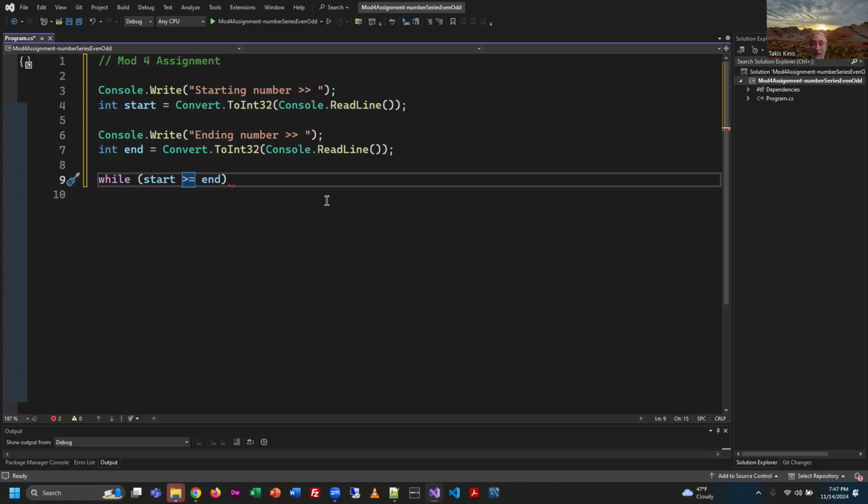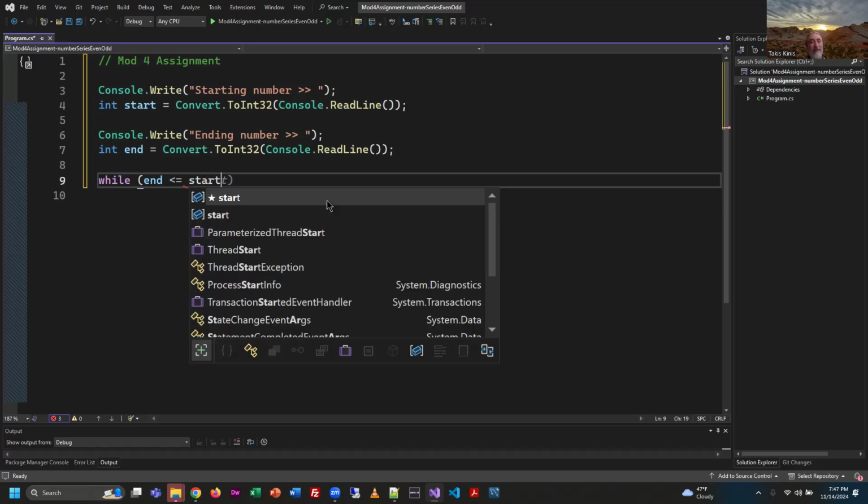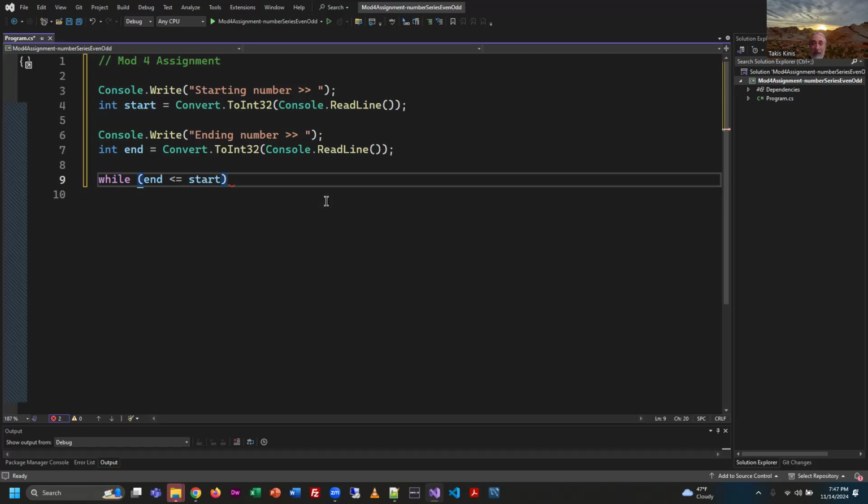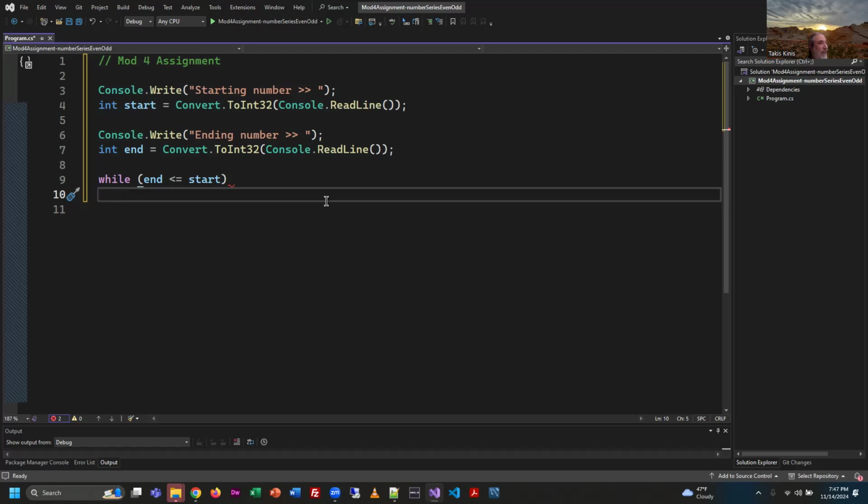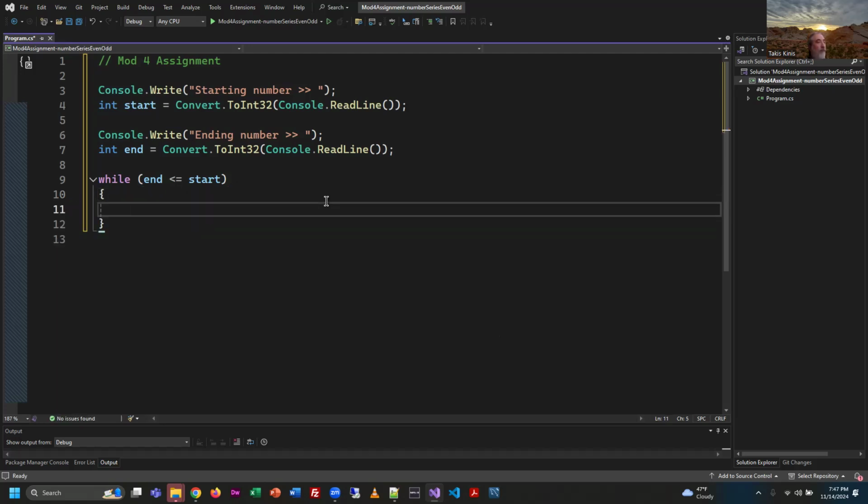All right, I'm going to let you ponder that a little bit, but the answer is basically either way would work, as long as your logic is sound. The equals is important here. I'm going to do it the way that I did it last year just because it makes me feel more comfortable. Real frankly, that's the only reason, because I know this worked, basically. And then let's put in our curlies here.